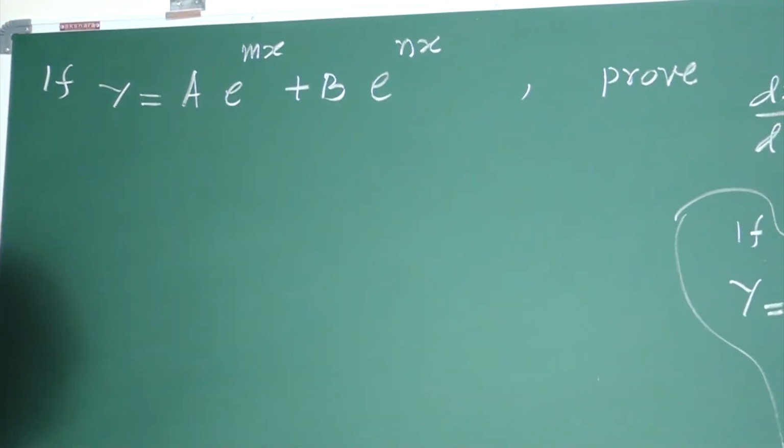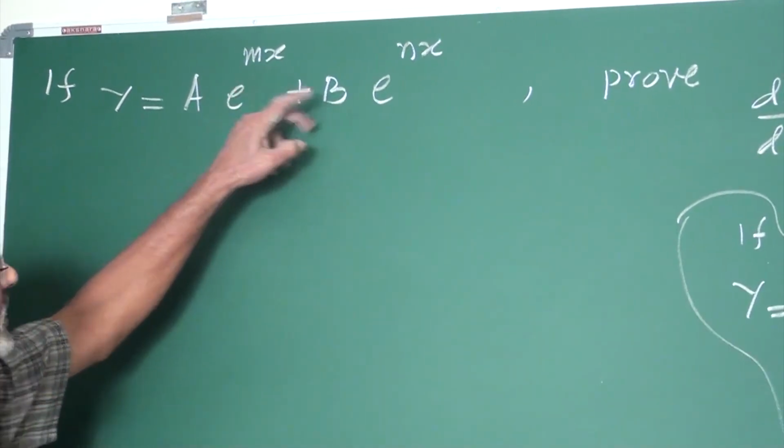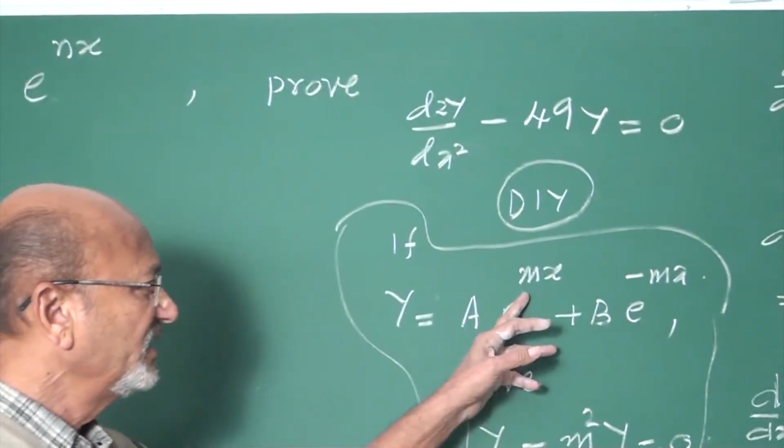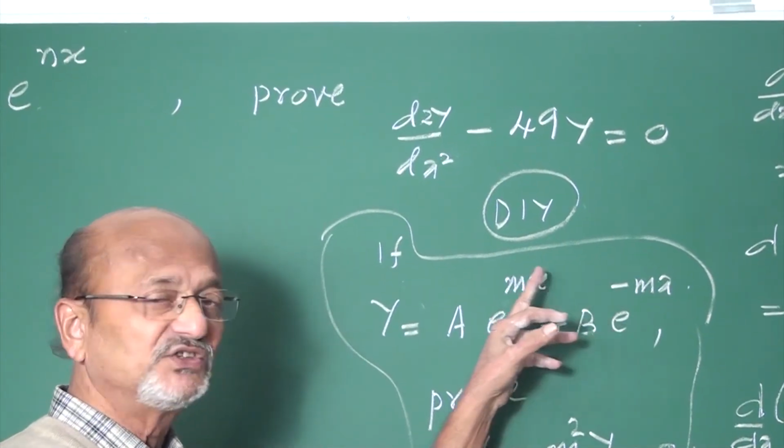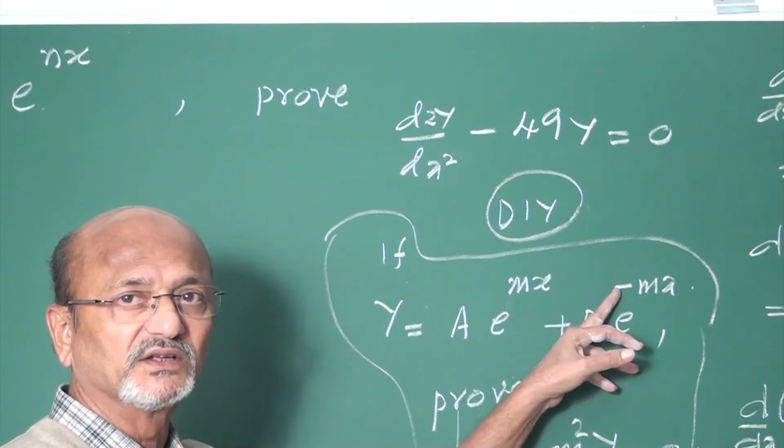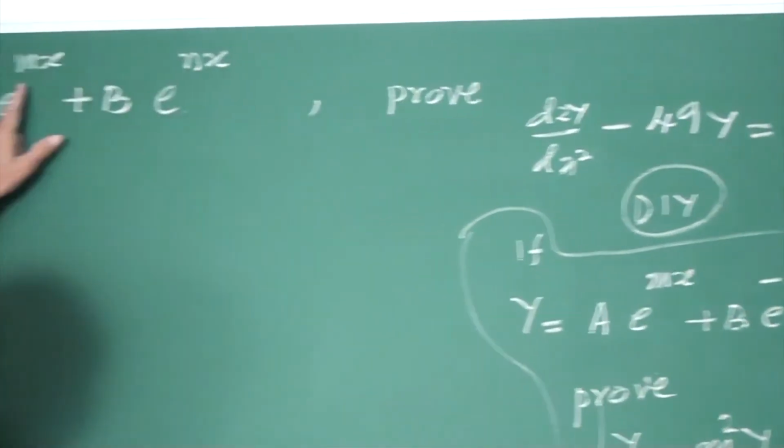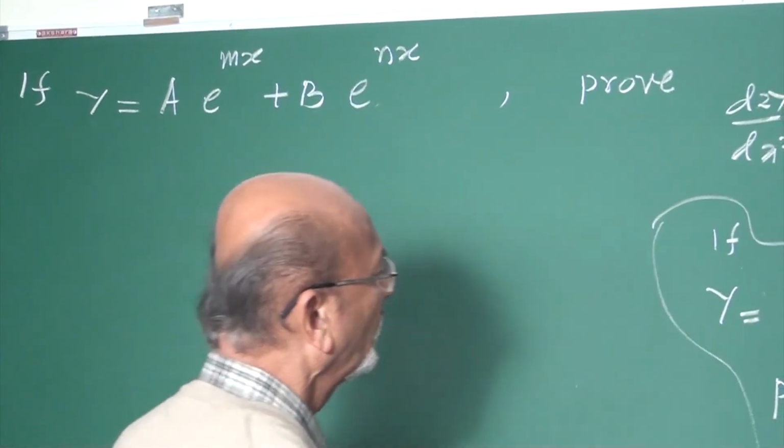See, what is the difference here? m, n. Here, they are different, whereas earlier they were the same with opposite signs, plus, minus. But these are totally different. See, m, n. Then prove.